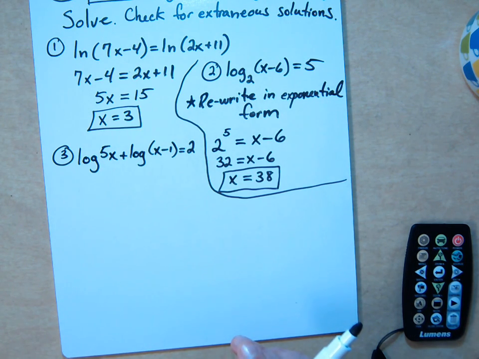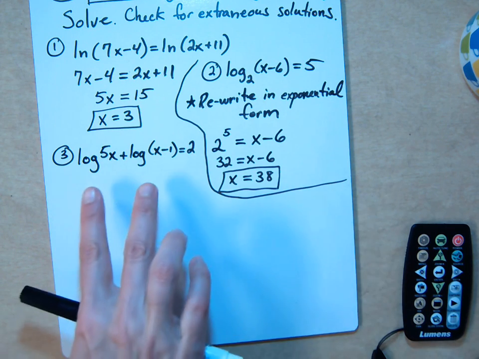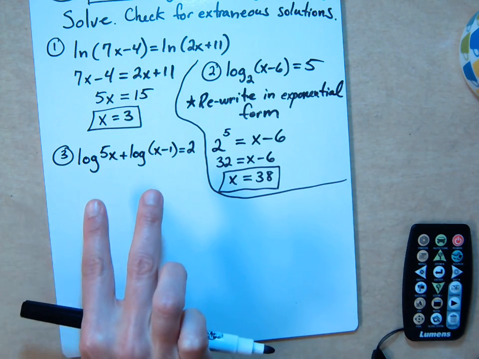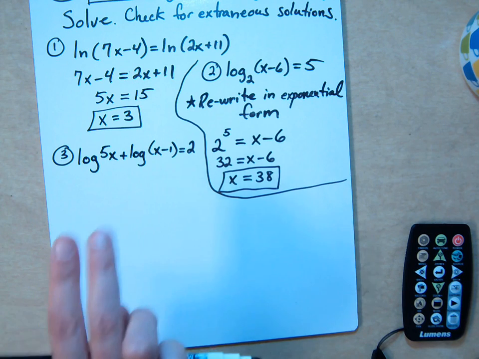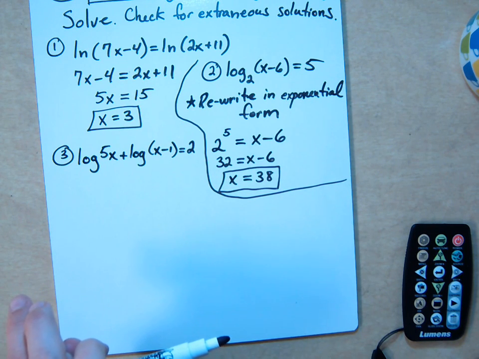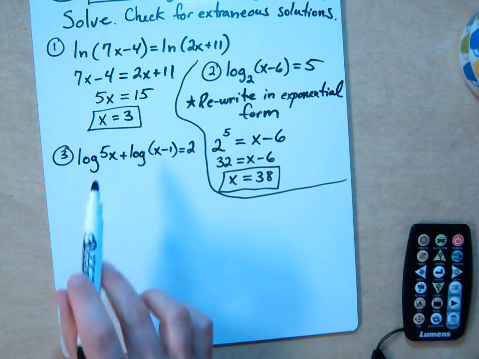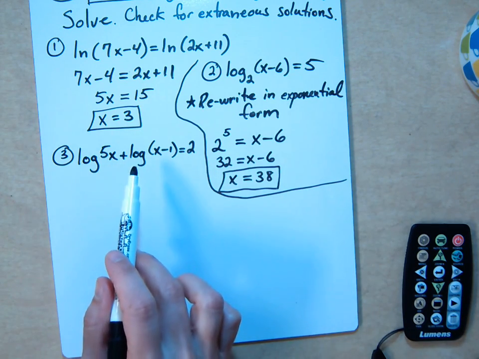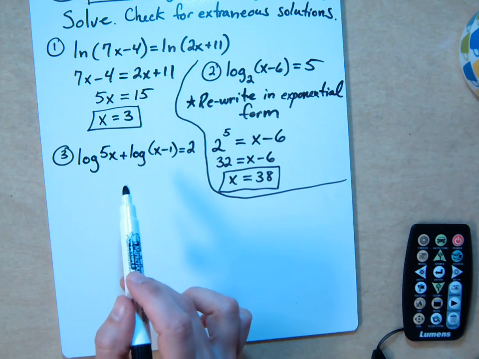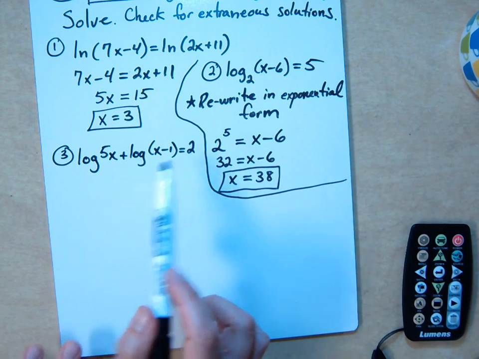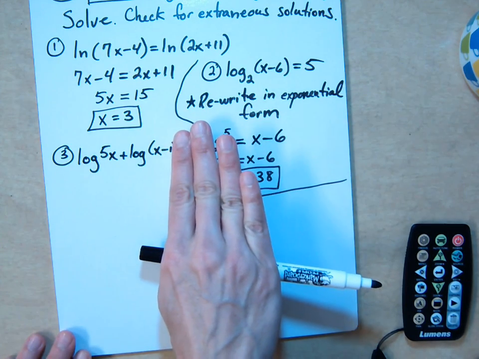Now we have an equation with two different log expressions in it. So that definitely steps up the level. But this is why we learned to condense expressions, because I can't do anything with this right now. I can't even write it in exponential form. It's too complicated.